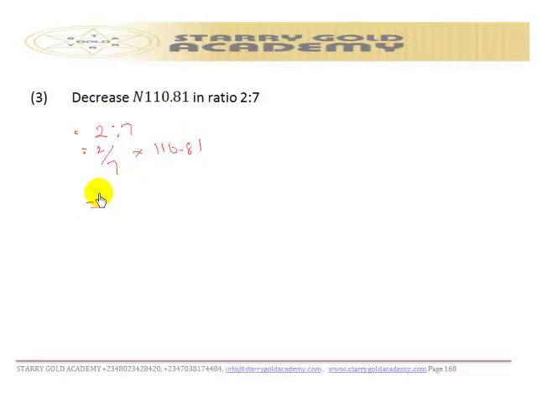So 110.81 times 2, I'm going to have 221.62. My result is 31.66.